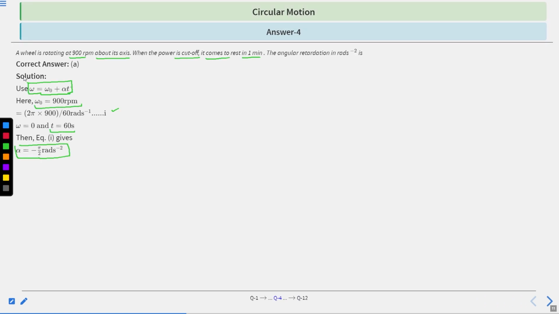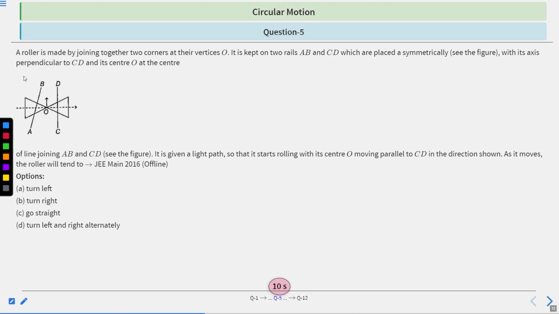Next question, question 5. A roller is made by joining together two cones at their vertices O. It is kept on two rails AB and CD, which are placed symmetrically, as you see in this figure, with its axis perpendicular to CD and its center O at the center of the joining AB and CD.